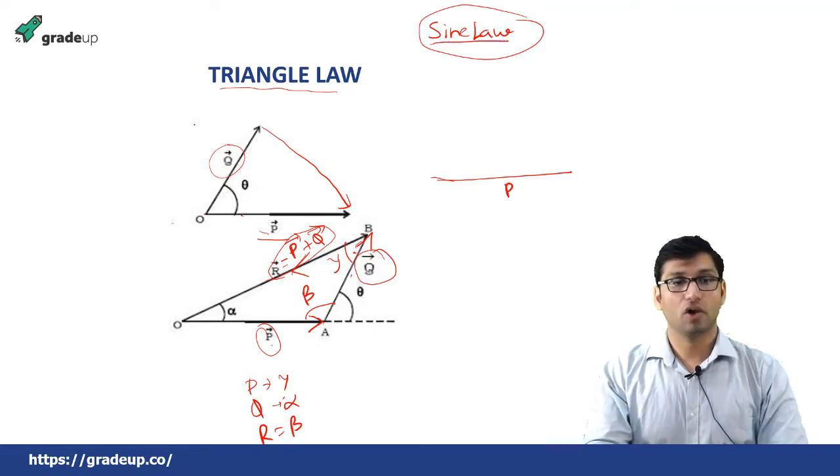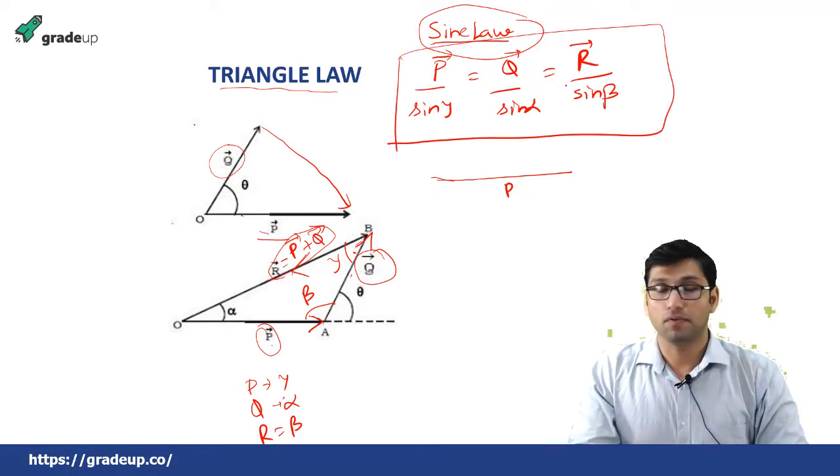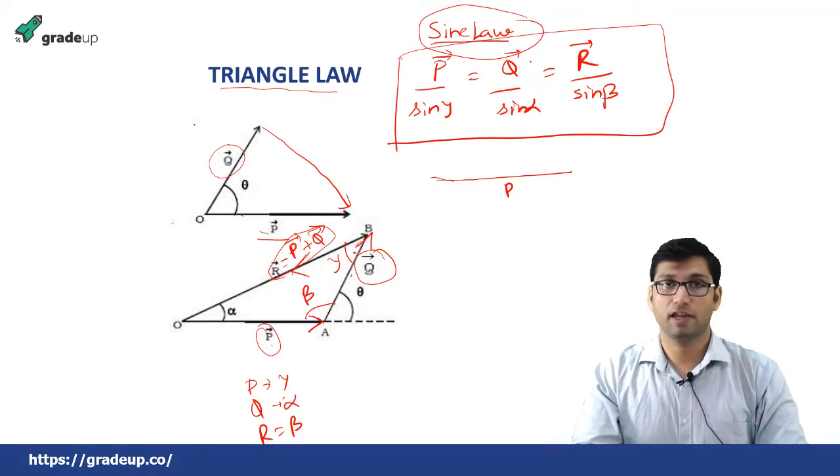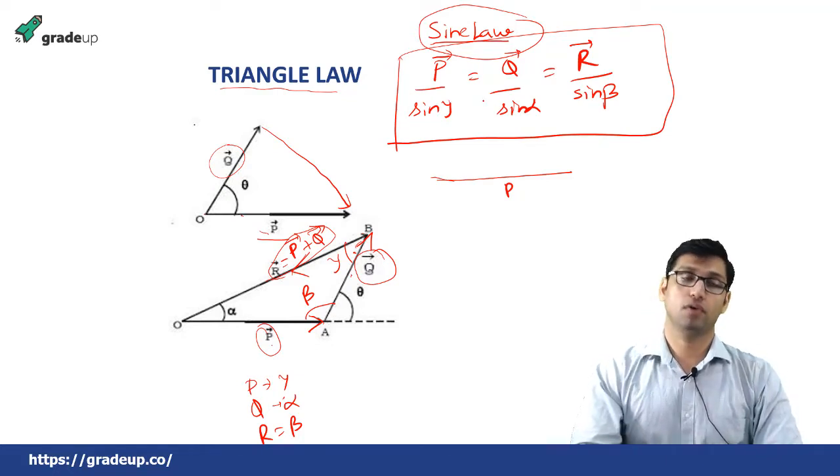So by the sine law, this is represented as P over sine of gamma equal to Q over sine of alpha equal to R over sine of beta. So this is how we can find the individual forces with the help of the sine law, if you know the angles between two sides or two forces.